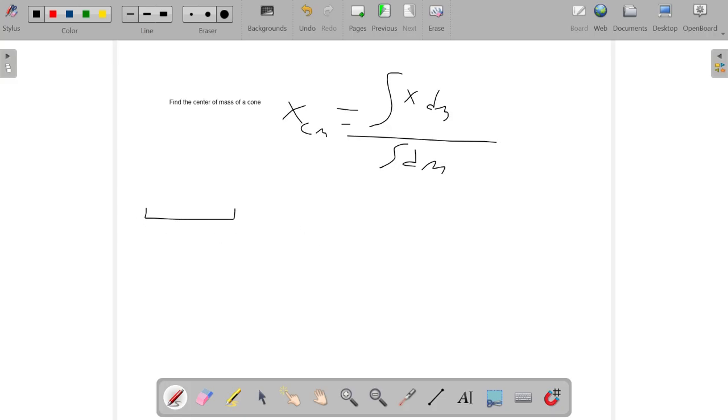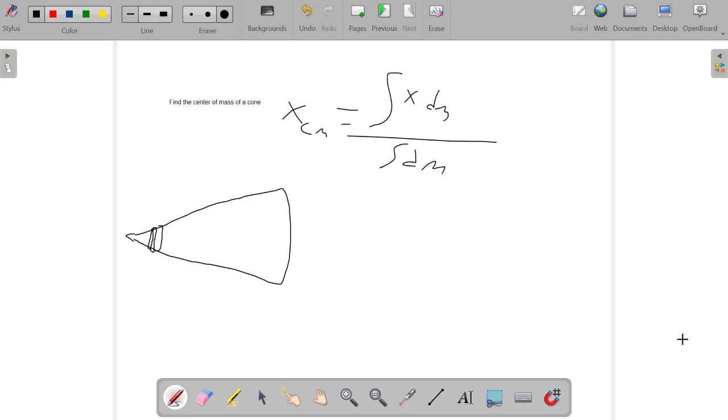When it's on a rod, it's very easily just the mass of each of these little pieces. What about with a cone? The answer is each dm is the mass of each of these little cylinders that we can liken it to. We can liken this cone to be made of a ton of tiny cylinders, and dm is equal to each of these cylinders.